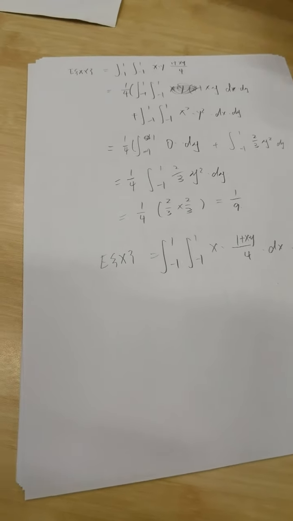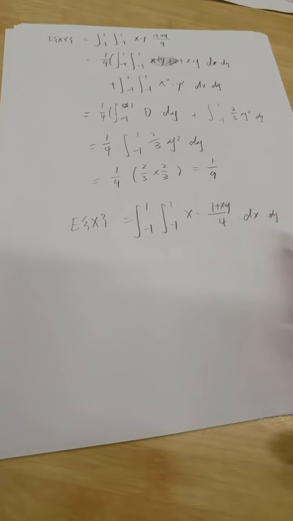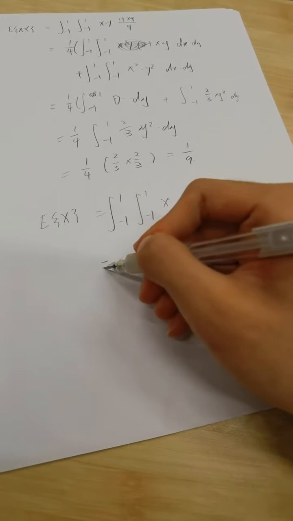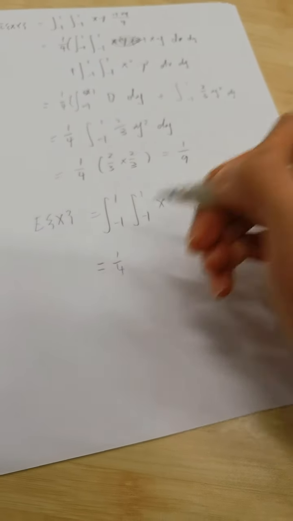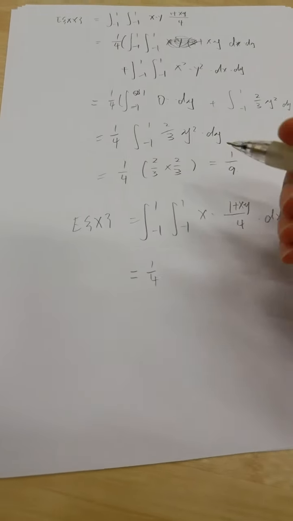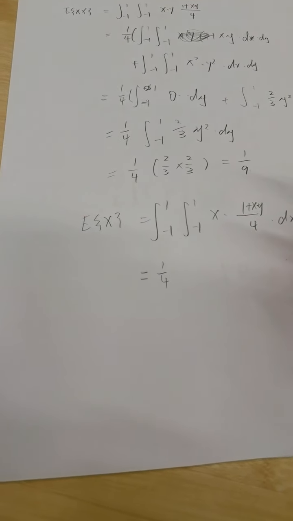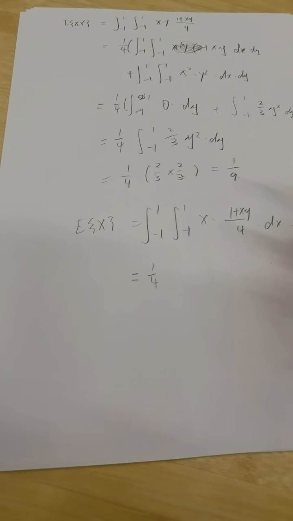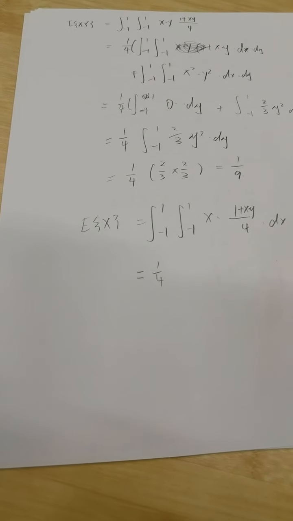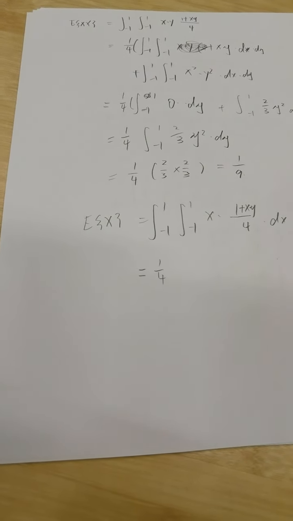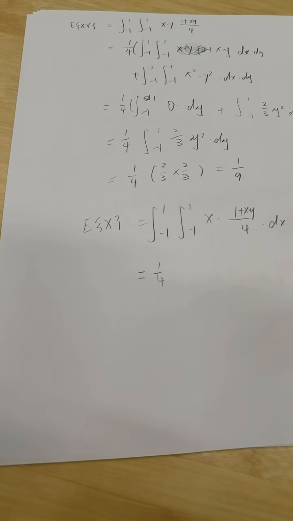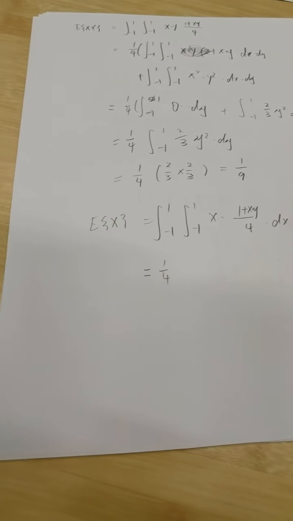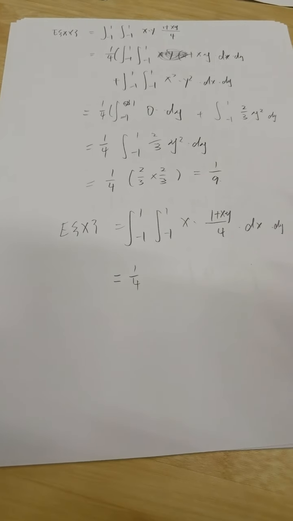The formula is the same as above. We take 1 over 4 out first and integrate the inside.